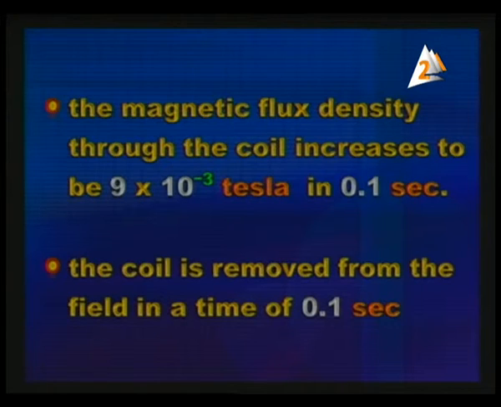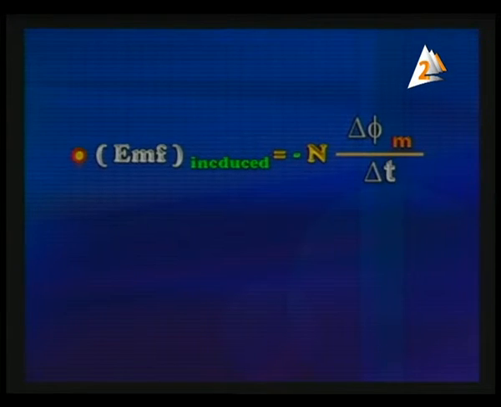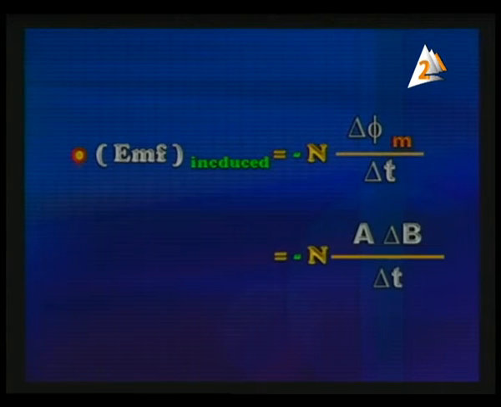The first case, when the coil is rotated through an angle 90. EMF is given from Faraday's law. EMF is equal to N delta phi magnetic over delta T. The coil is rotated through an angle 90. Delta phi equals phi.